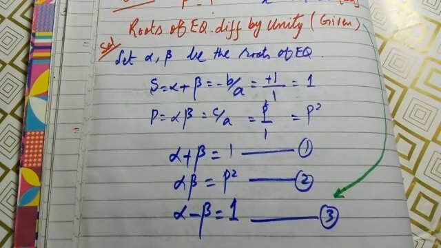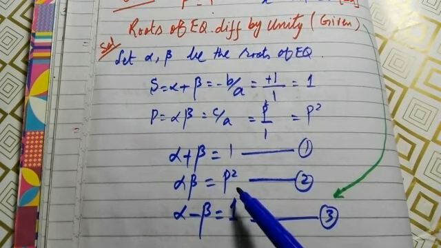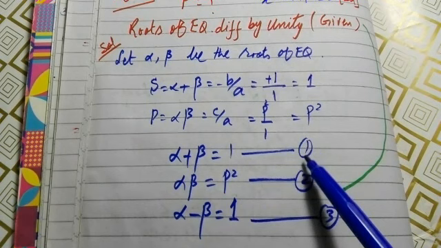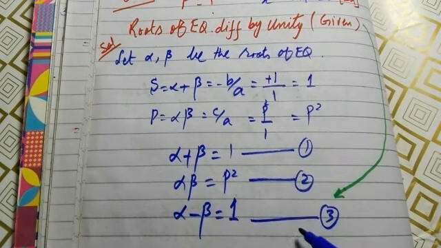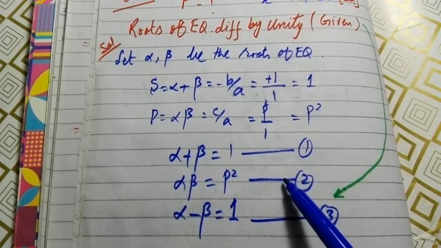Now what we are going to do is that we wanted to find the value of p only. So we will solve simultaneously equation number 1 and 3, and we will put it into equation number 2, because equation number 2 contains only p, right? So we will solve first and third equations simultaneously. We will find the values of alpha and beta, and once we calculate the value of alpha and beta, we will use equation number 2 where there is p.